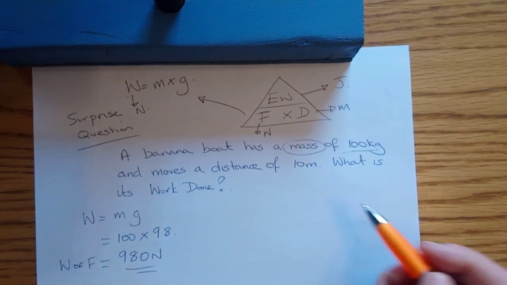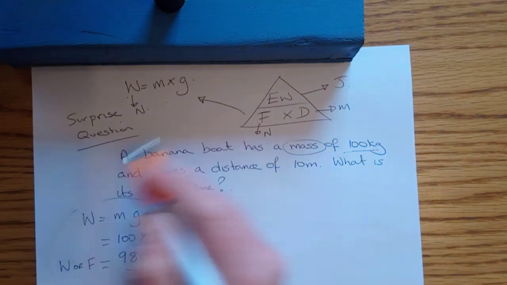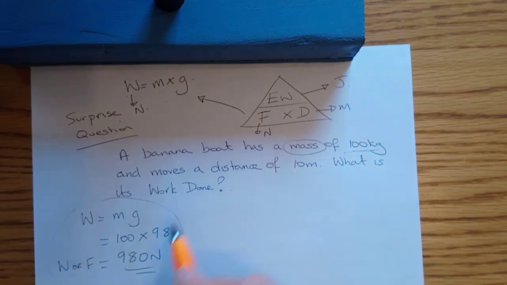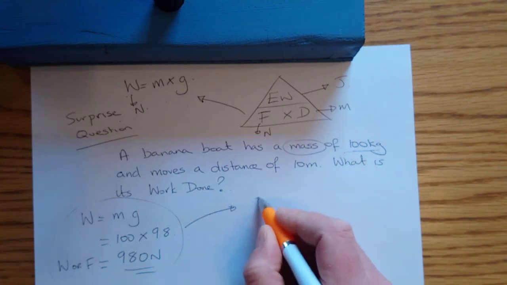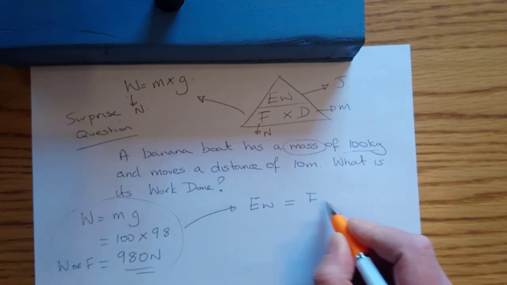So now, once we've worked that out, using this equation, because sometimes you have to use multiple equations to work out problems, and they do this on purpose so that you have to think about it. Once you've got that, you can actually easily use our work done formula, or work energy is equal to force times distance.